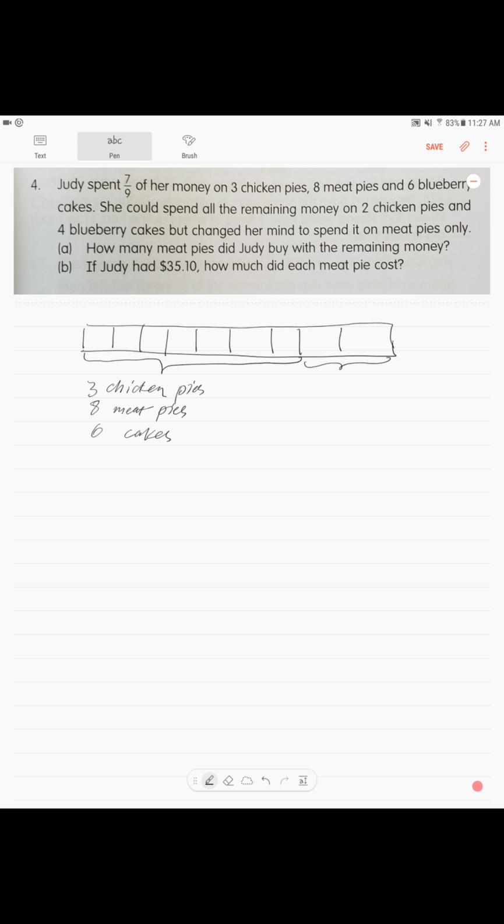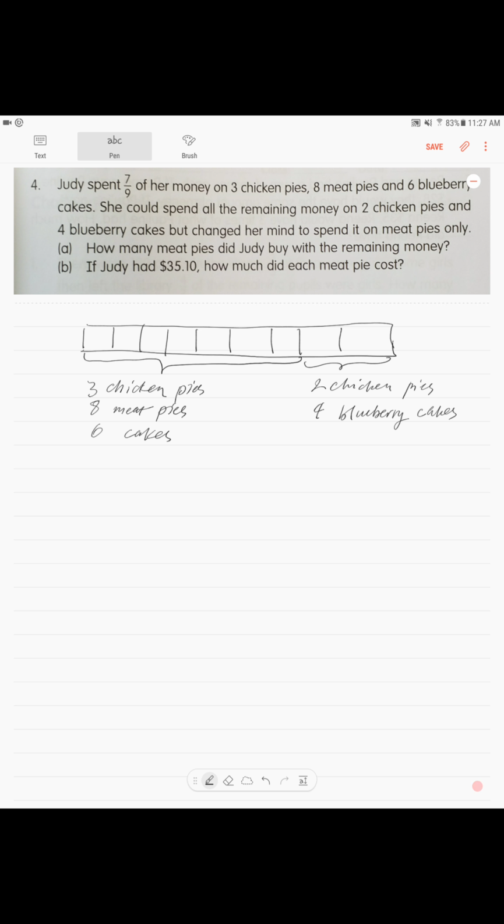Right now, we will come back to this part, but the first part: she could spend all of the remaining money on 2 chicken pies and 4 blueberry cakes. So this is what we write: 2 chicken pies and 4 blueberry cakes. She can buy it with this money. So basically that's what it means.